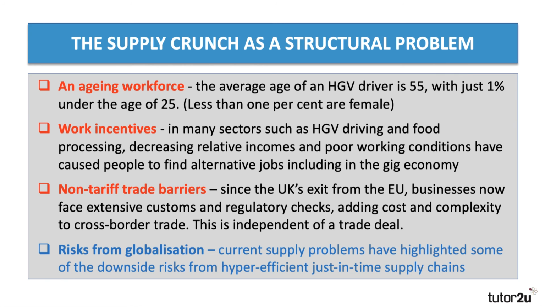They have these very efficient just-in-time supply chains, but yet the supply disruptions we've seen in the world economy highlight just how fragile some of those supply chains are. They're hyper-efficient, but they're not necessarily very resilient. And that is something that businesses are definitely going to have to address in the months and the years to come.